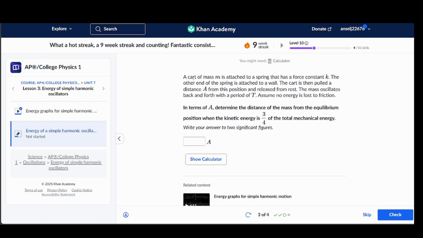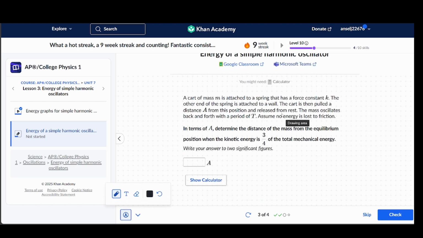A cart of mass m is attached to a spring that has a force constant K. This should be pretty easy. Kinetic energy is 3/2 of the total mechanical energy.